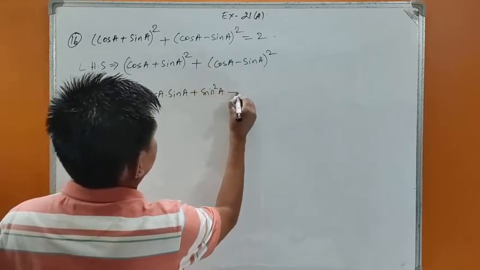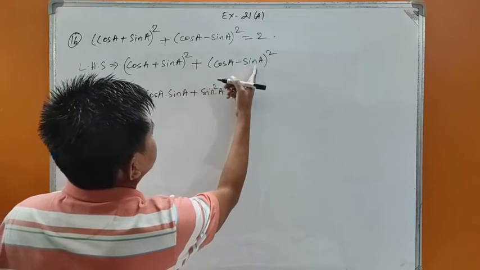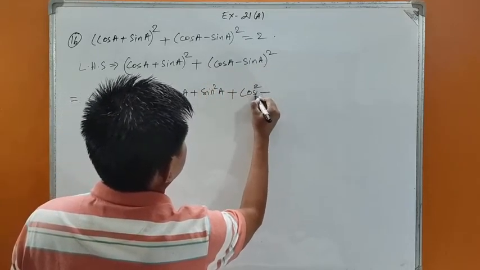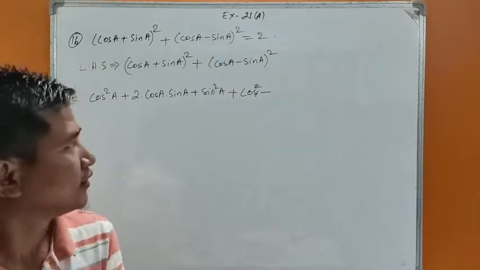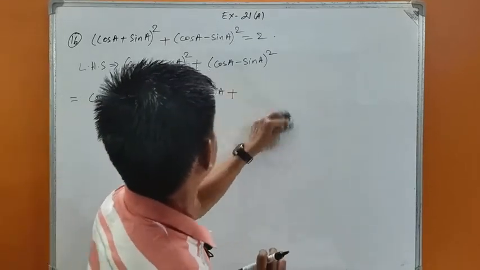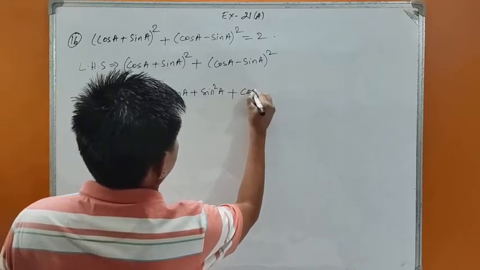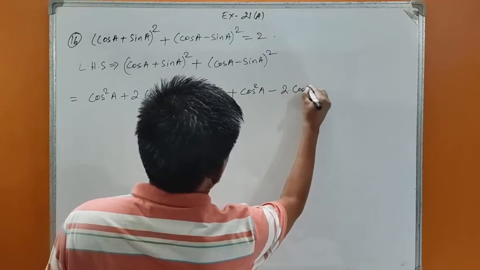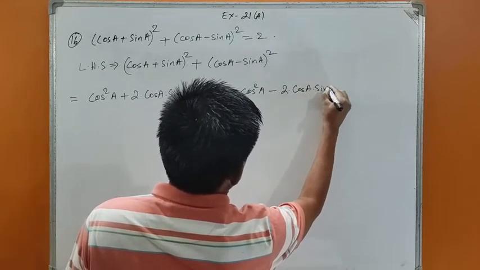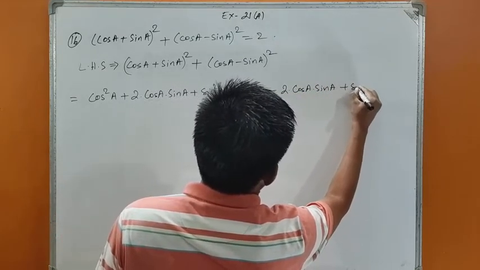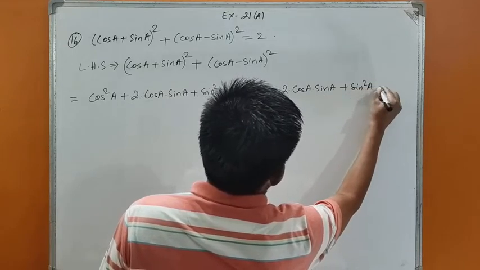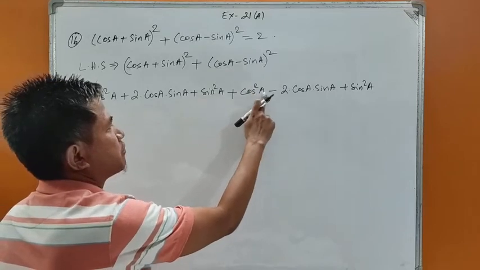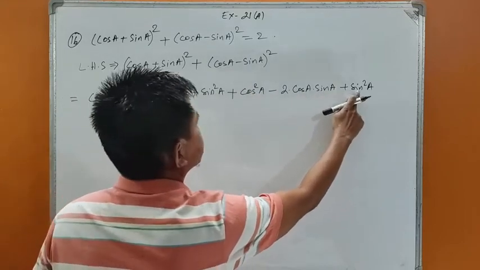Now here plus (a minus b) whole square means a square minus, oh I forgot to write, a square minus 2ab, isn't it, plus b square. (a minus b) whole square means a square minus 2ab plus b square.